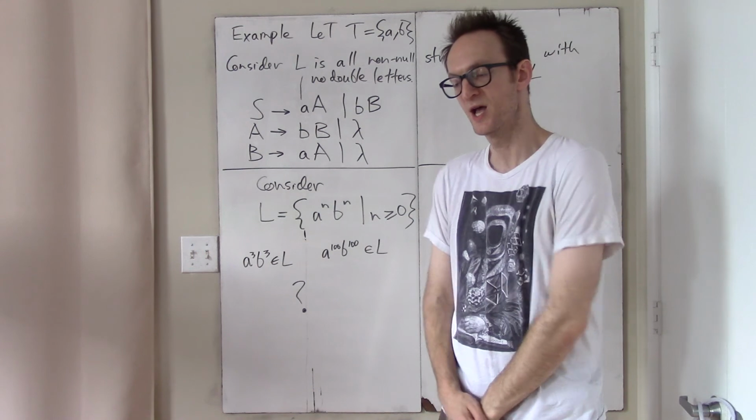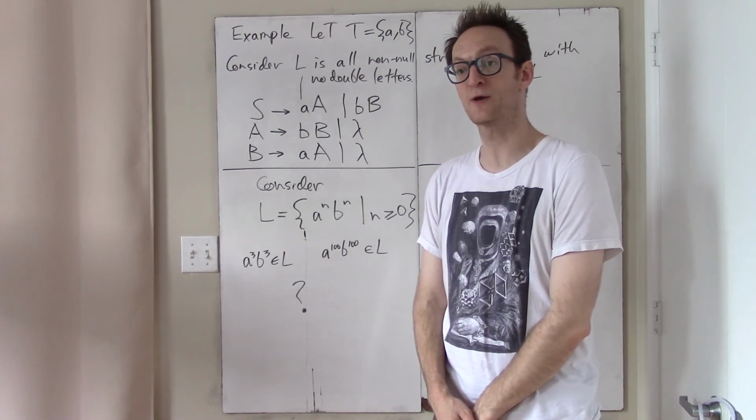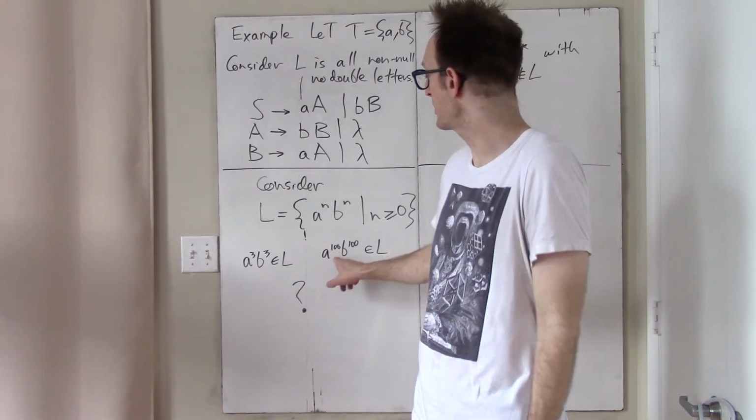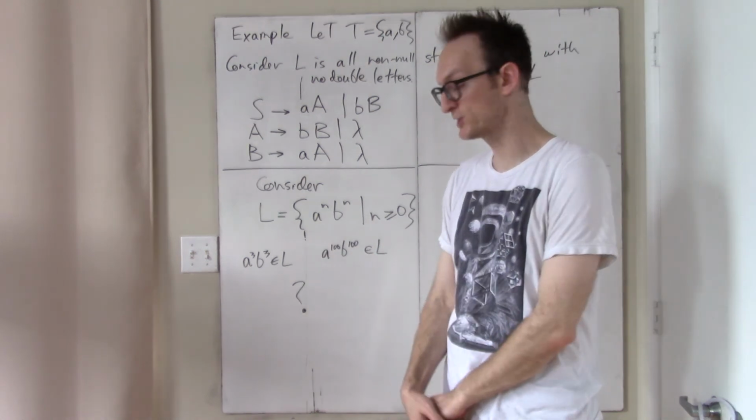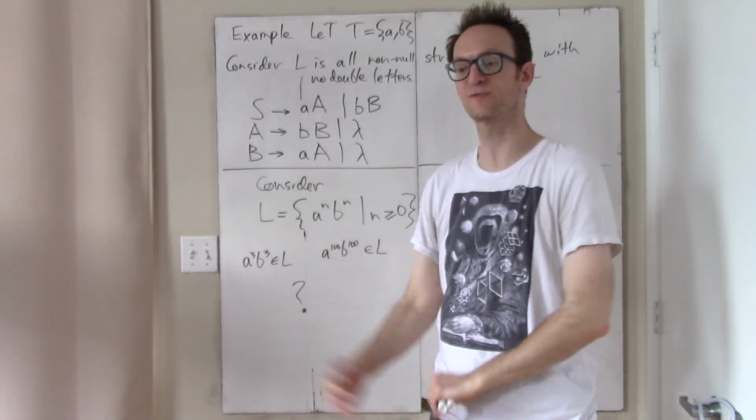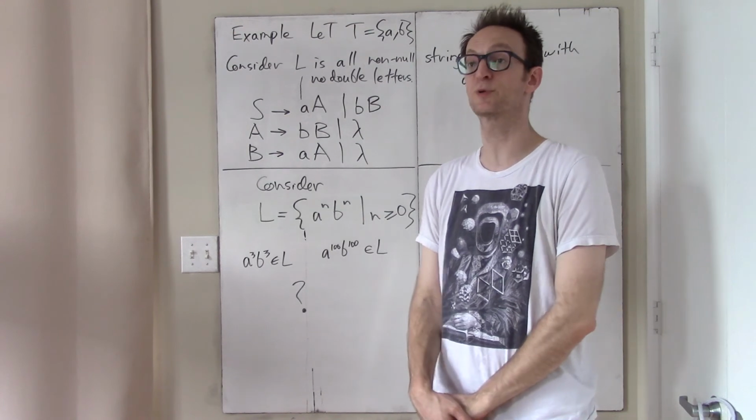And so somehow this grammar is not powerful enough to remember, so to speak, how many A's have been produced. If you want this grammar to be able to generate a to the 100th, b to the 100th, so 100 characters of A followed by 100 characters of B, I'm going to need a lot of production rules.